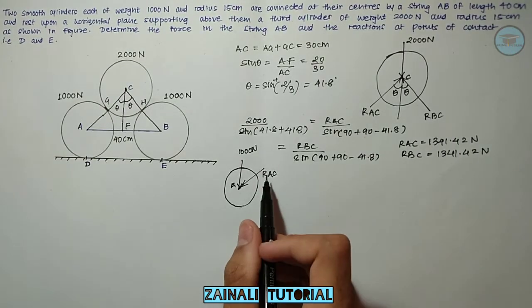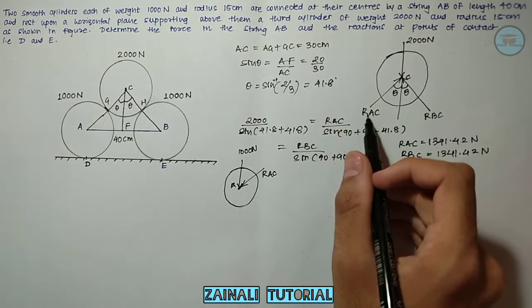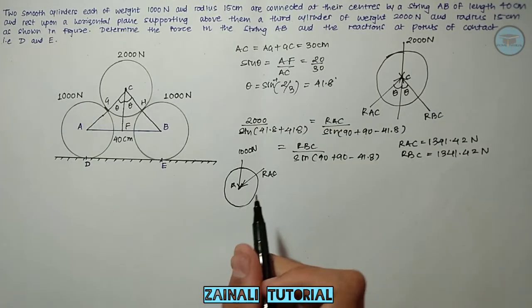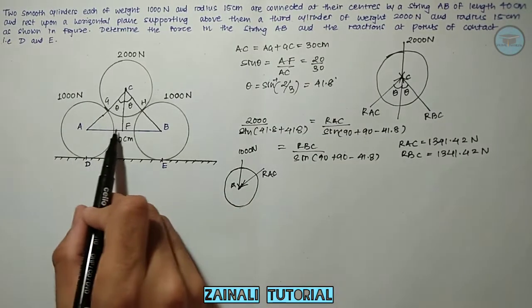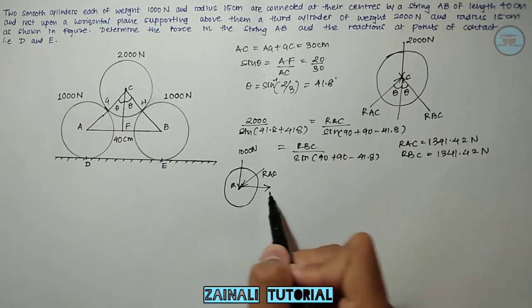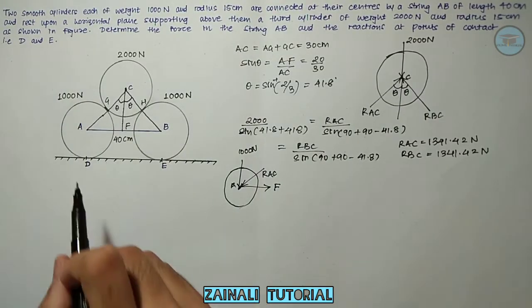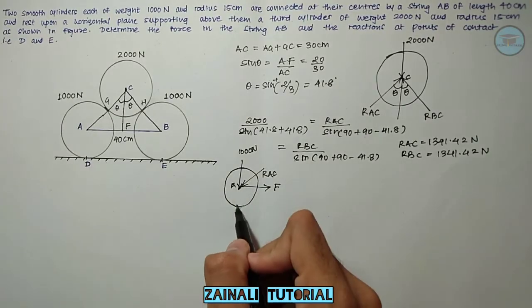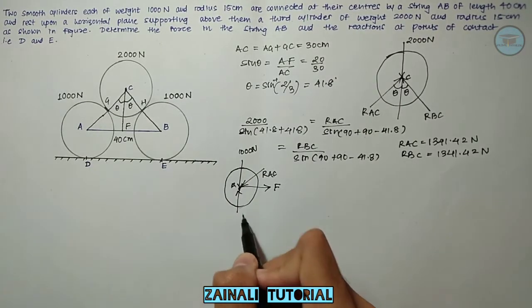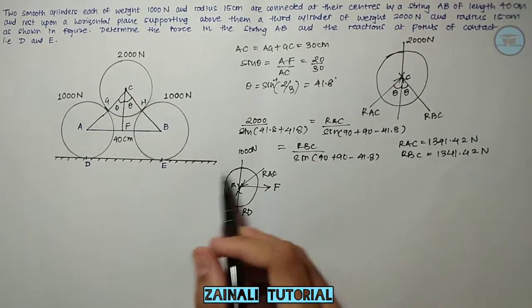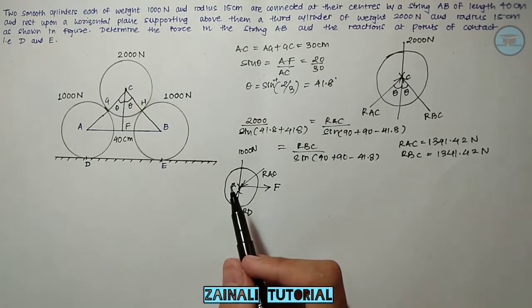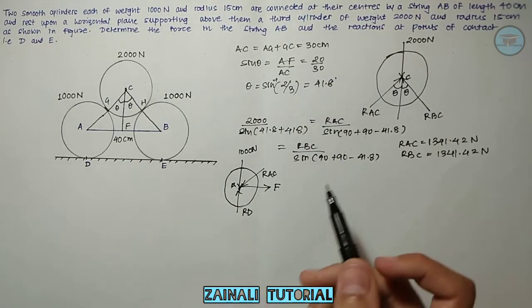Actually this would be RCA, but RCA equals RAC, so we name it RAC only. Also there would be the force in the string, which we consider as F, like this one. And the reaction from the point D in the upward direction, so this would be RD. Now there are more than three forces, so we cannot apply Lami's principle. We are applying the conditions of equilibrium.